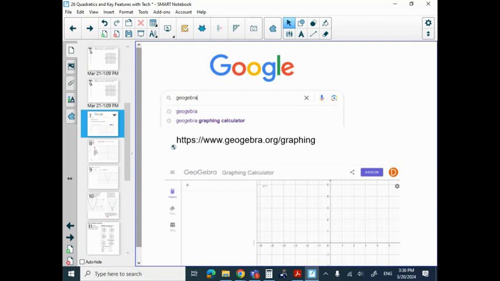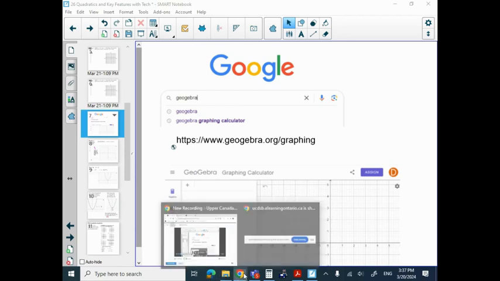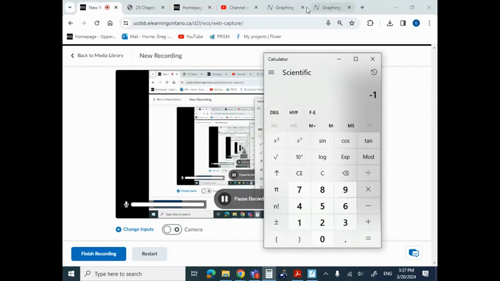So just Google GeoGebra and you'll get a search engine result like that. Click on the graphing calculator one. It looks just like this right here when you load it up. We'd have to have it open somewhere here, but find where here. Here it is.